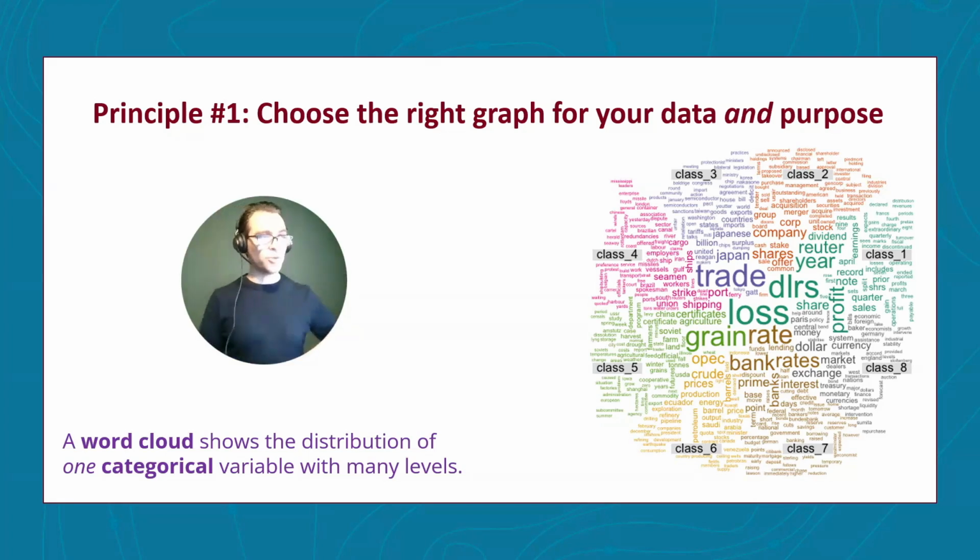One challenge, of course, with these is the size of the text can get awfully small in some cases, and it can be much harder to read words that are oriented at an angle instead of flat. So that's another challenge with these graphs, but they can work quite well if you have a categorical variable with this many categories in it.